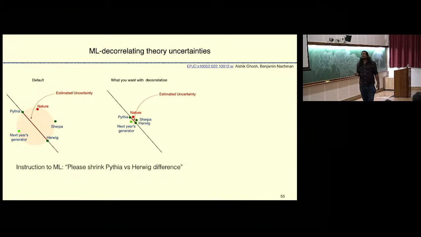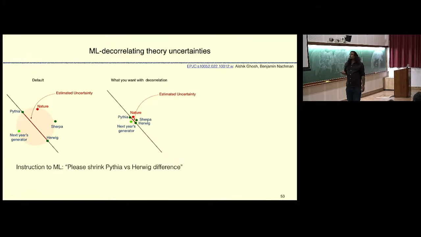But I know that Sherpa also uses, I think, one of the models, either cluster or string, but in a different setting, so it gives you slightly different hadronization. And you're hoping that nature lies somewhere in this uncertainty. If you can shrink the difference in your response to Pythia and Herwig, you're hoping this ball shrinks, and then your response to nature is also within this ball.